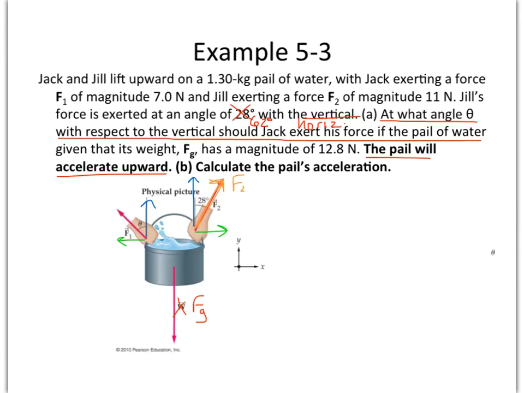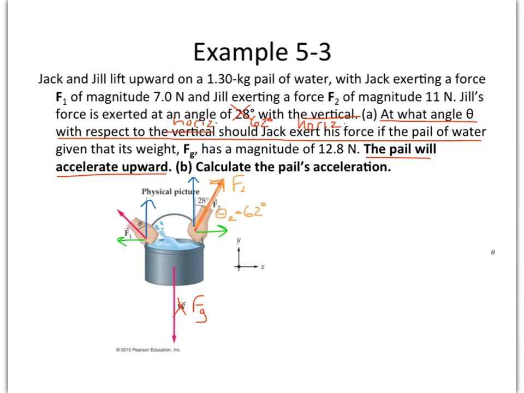And her theta 2 is going to be 62 degrees, which means we don't care about Jack's angle theta from the vertical either. We want his from the horizontal too. Again, if you know the horizontal angle, you can find the complementary vertical angle, but let's just stick with horizontal.